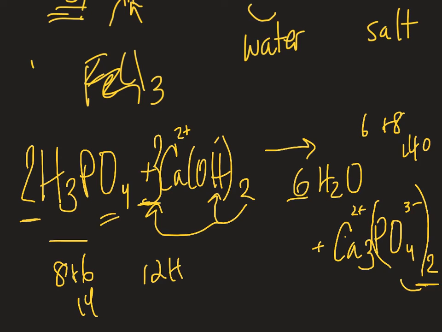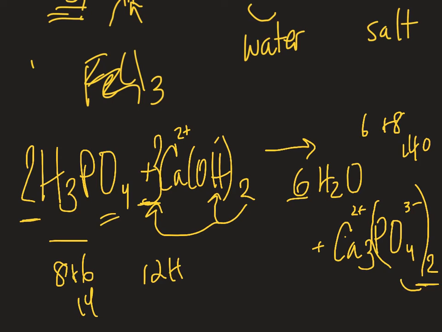And in the most difficult cases, like this last one, you are going to have to put numbers in front of all of them. So just to review, all acid-base neutralization reactions that we're going to study are reactions that produce water and a salt.